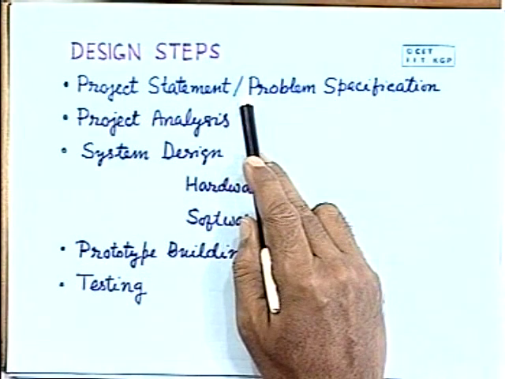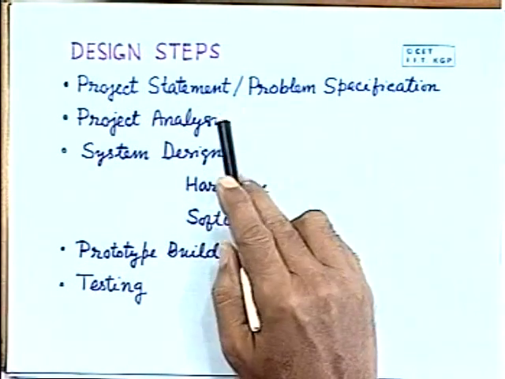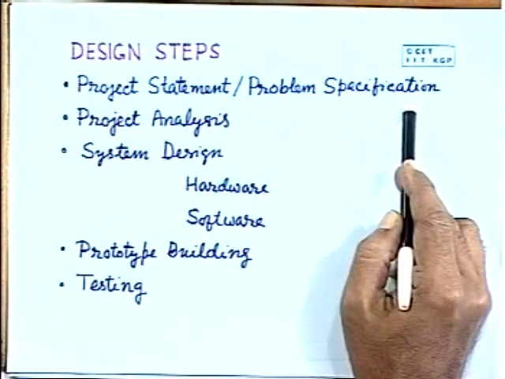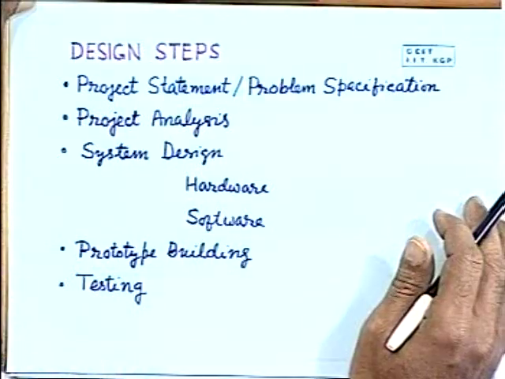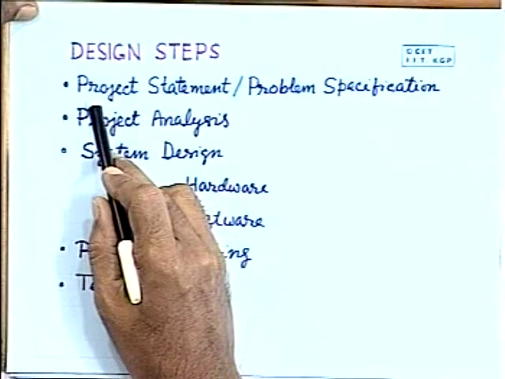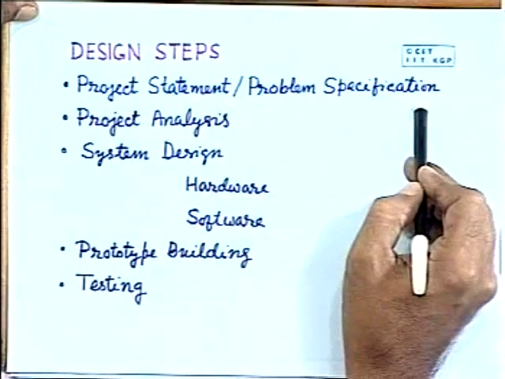The first point that you have to consider is the project statement or problem specification. In simple but unambiguous language, the problem has to be stated, and usually that specification is called the project statement or problem specification.